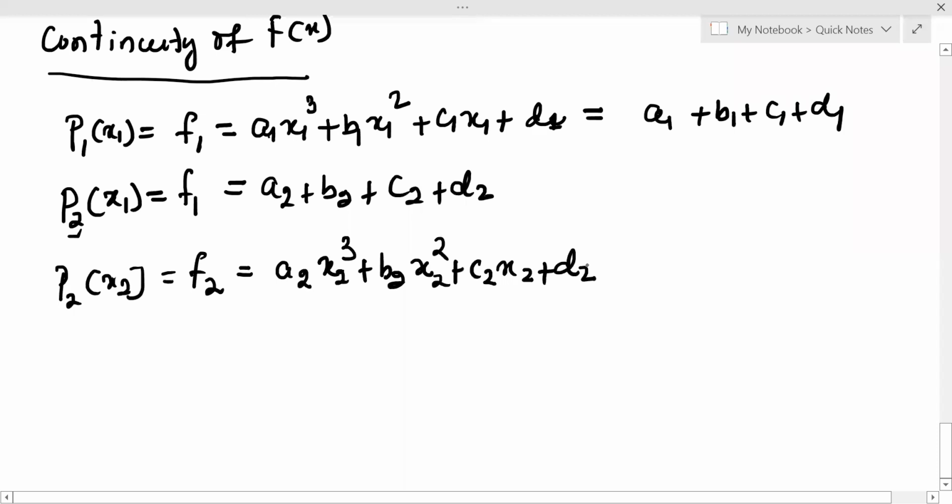Whenever you substitute 2 in place of x2, because it's the second term, then this value becomes 8a2 plus 4b2 plus 2c2 plus d2.